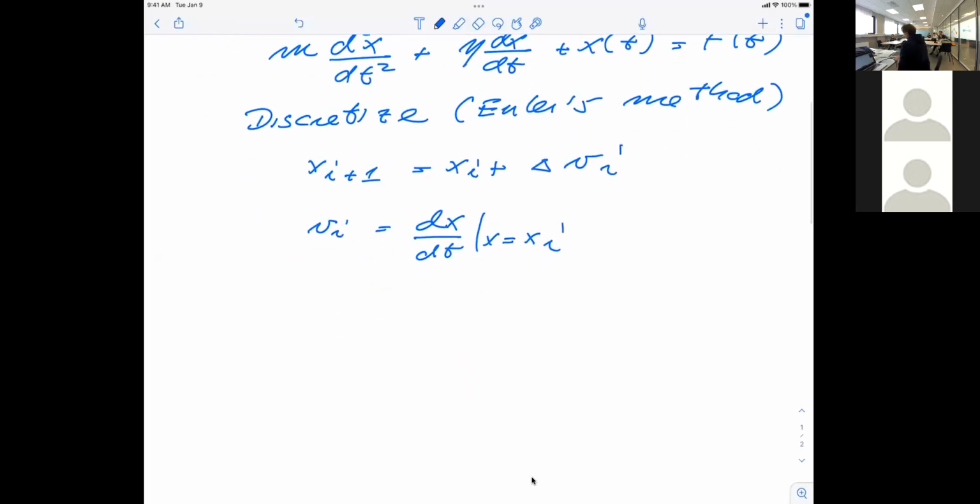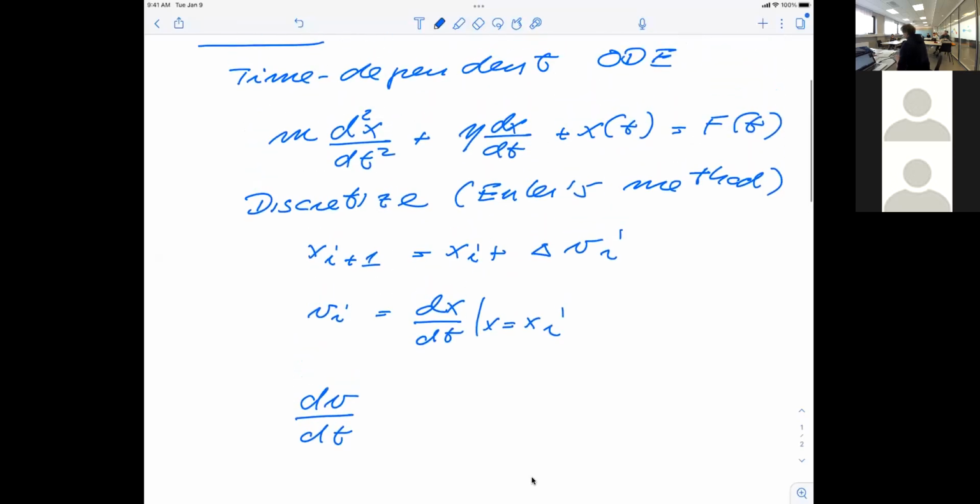Then if we look at the velocity, we take the differential equation dv/dt, because we know that dv is given by this term here. So the acceleration is given by the derivative of the velocity.